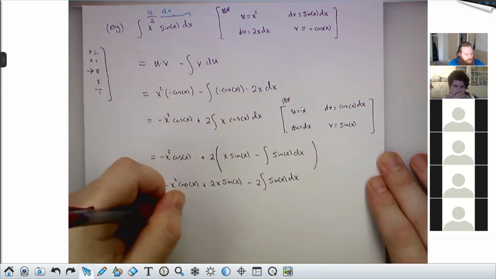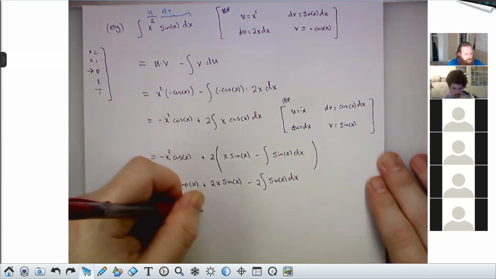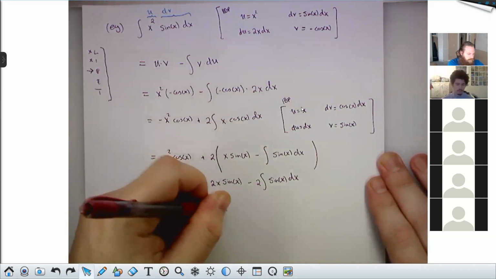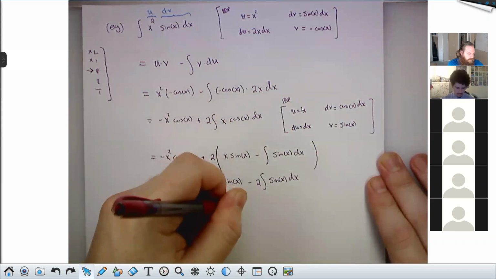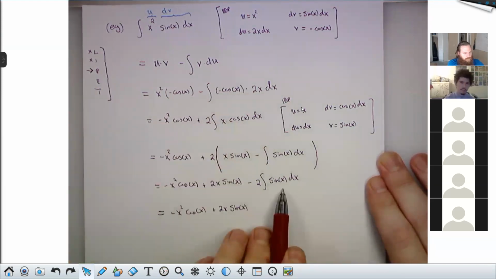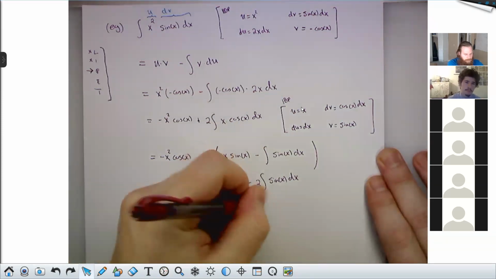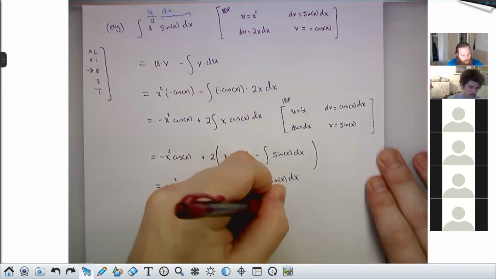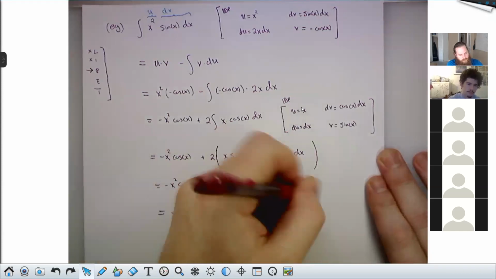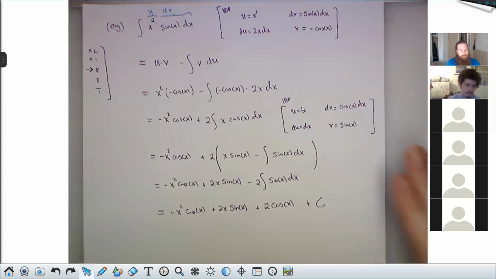So I get negative x squared cos x plus 2x sine x. Who differentiates to sine? That's negative cosine. So the negative there and the negative here will eat each other up, and we'll get plus 2 cos x plus c. So that's the result there.